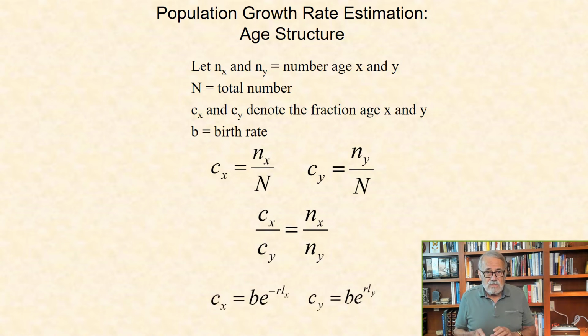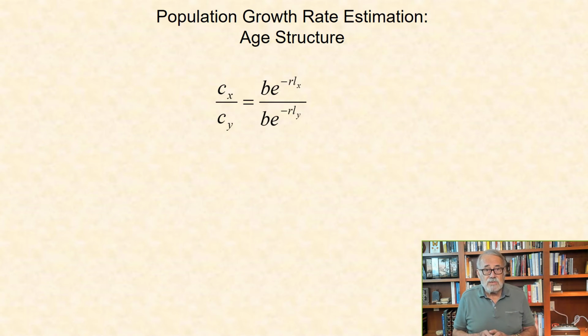Now let cx equal the birth rate times e raised to the product of minus r and lx. And let cy equal the birth rate times e raised to the product of minus r and ly. Based on the previous relationship, we can express the ratio of the fraction at age x to the fraction in the population at age y equal to the right-hand expression.